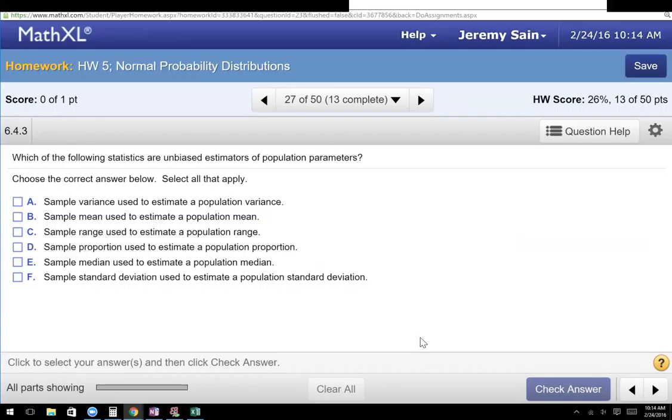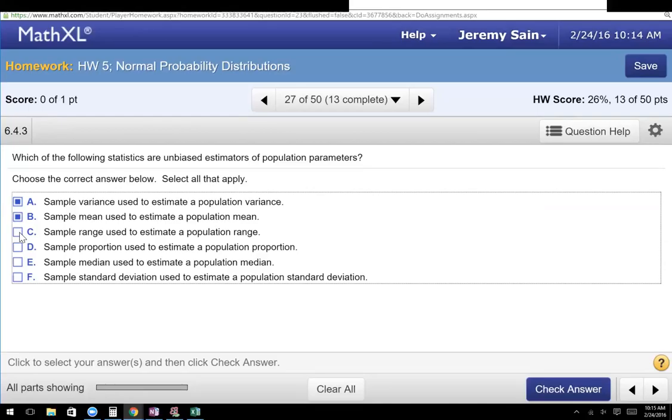Believe it or not, if you want to know the standard deviation of the population and you take the standard deviation of a sample, you get a biased number. It's kind of weird, but so this is okay. Sample mean, that's okay. Sample range, there's no way that's okay. Sample proportion, that one's probably okay.